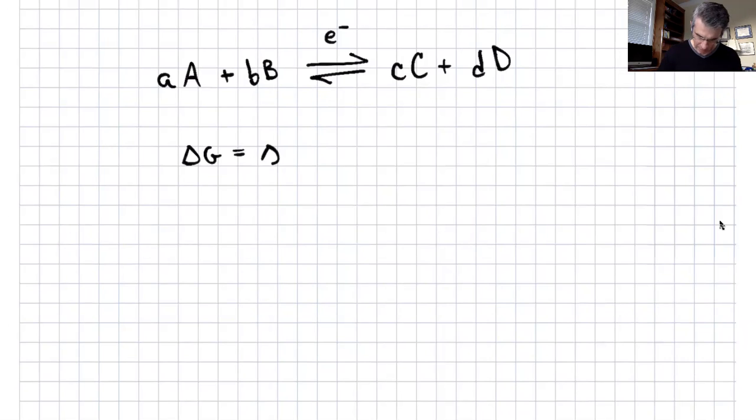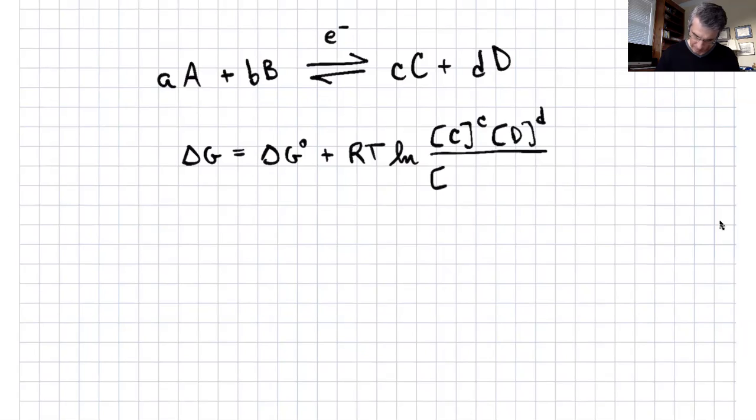The delta G for this process is simply equal to the standard state free energy change plus RT natural log of the concentration of the products divided by the concentration of the reactants, each raised to its molecularity, right?